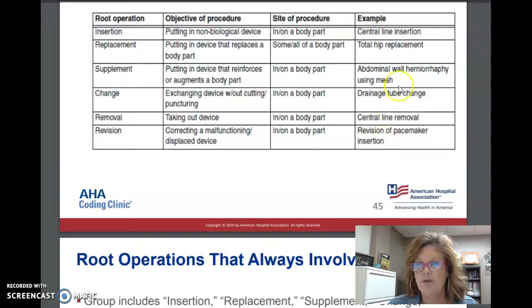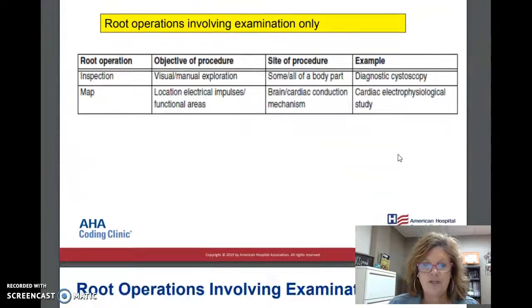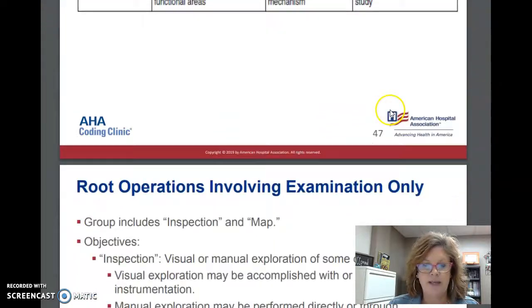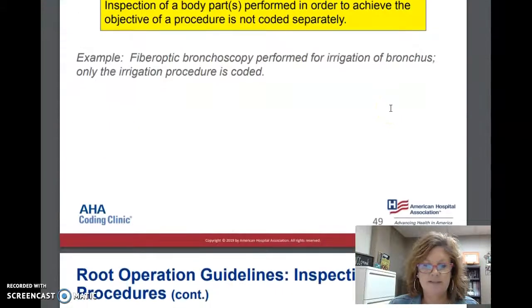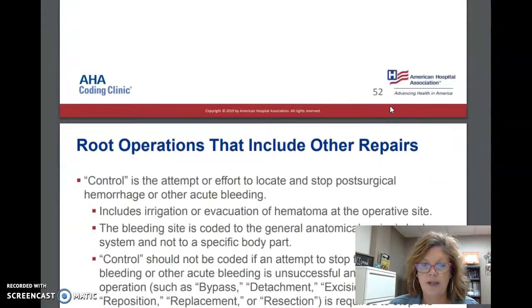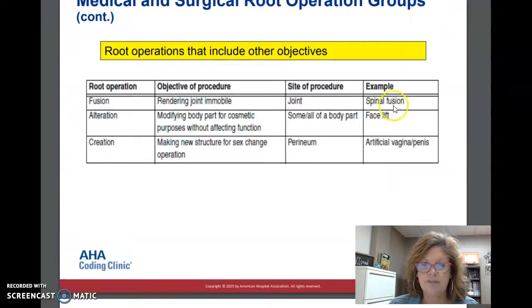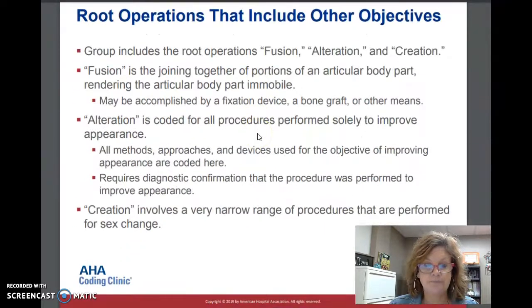It gives you all these different examples, so make sure you review them. Inspection, map, gives you examples again. Make sure you read through the guidelines. Control, repair. Fusion, spinal fusion. Alteration, a facelift. Creation: if somebody has an artificial vagina or penis, this would be a sex change operation.